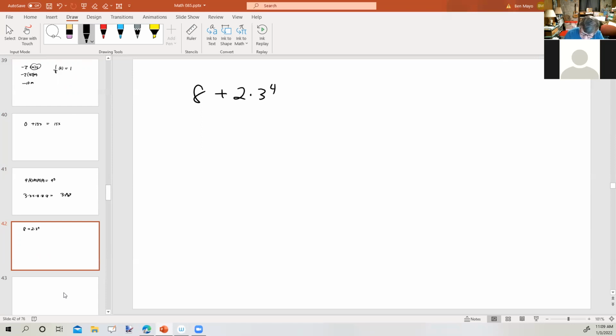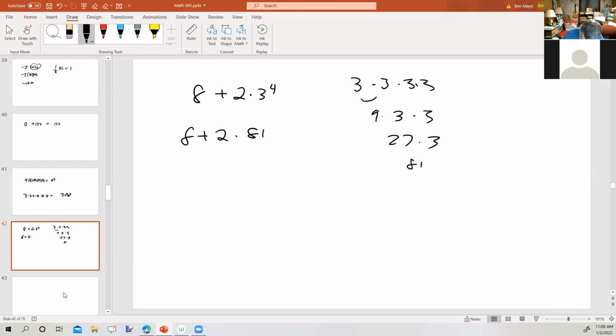We don't have any grouping symbols here, but we do have exponents. 3 to the 4th power: 3 times 3 is 9, times 3 is 27, times 3 is 81. Then multiplication, 81 times 2 is 162. And finally, addition, 170.